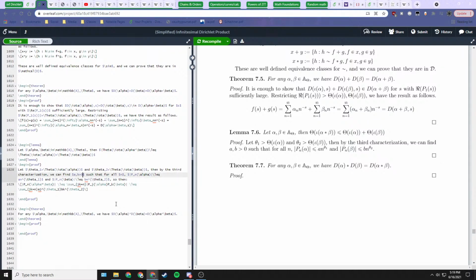Actually, let's do this easier. Let theta be greater than theta iota alpha and theta iota beta. So instead of having theta 1 and theta 2, we just have a single theta. And this will make it a little easier on us.